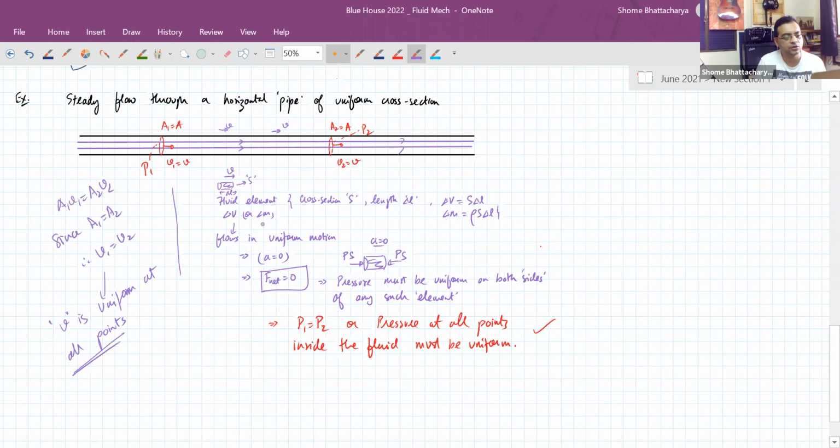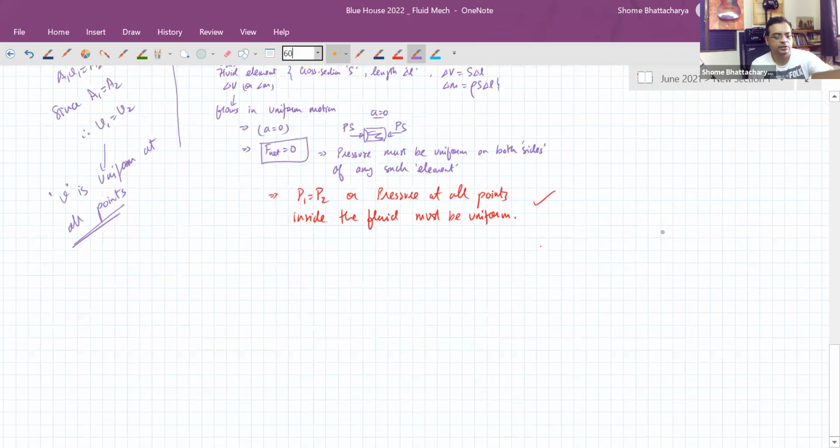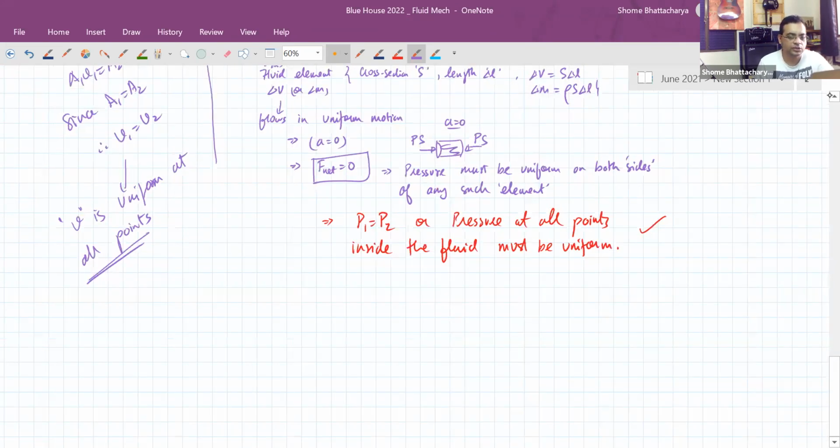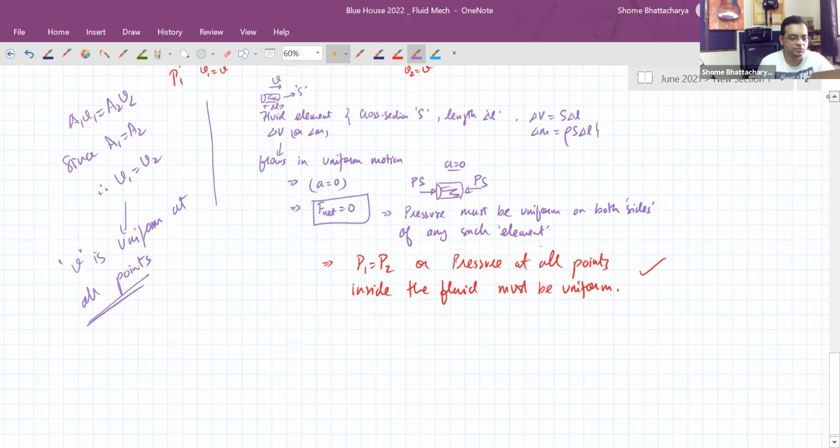And then when we apply that concept of uniform velocity for a fluid element going through like this, we also understand that additionally pressure is uniform at all points. So make a note of this trivial example of application of the continuity equation, which is telling us not only about velocity of flow, but also giving us some information about pressure.